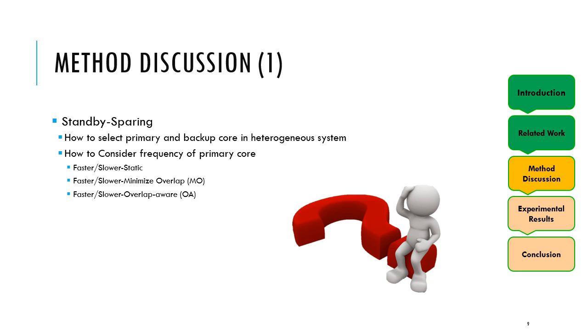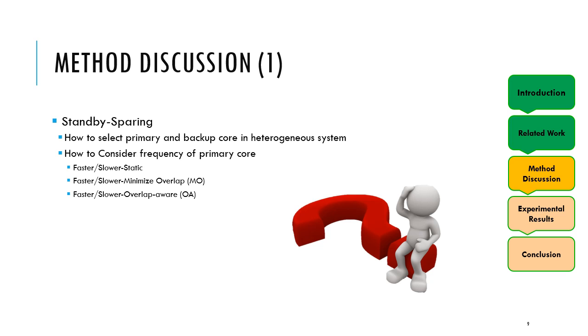Here, faster means we select the high performance core as the primary core, and static means the frequency is a static value and it does not change. Minimize overlap scheme adjusts the frequency of the primary cores so that the primary and backup tasks are executed with the least possible overlap.